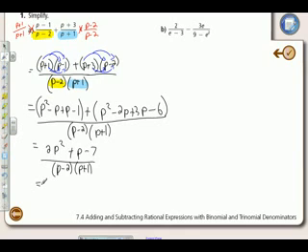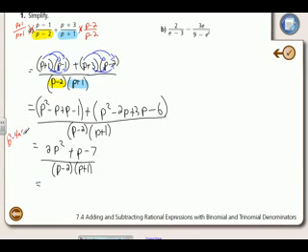And now we go and look, can we refactor the numerator? Remember what I gave you as a little trick? b squared minus 4ac, the discriminant, has to be a perfect square if this is factorable. If you put the numerator into that, you get 57, which is not a perfect square, so it's not factorable.